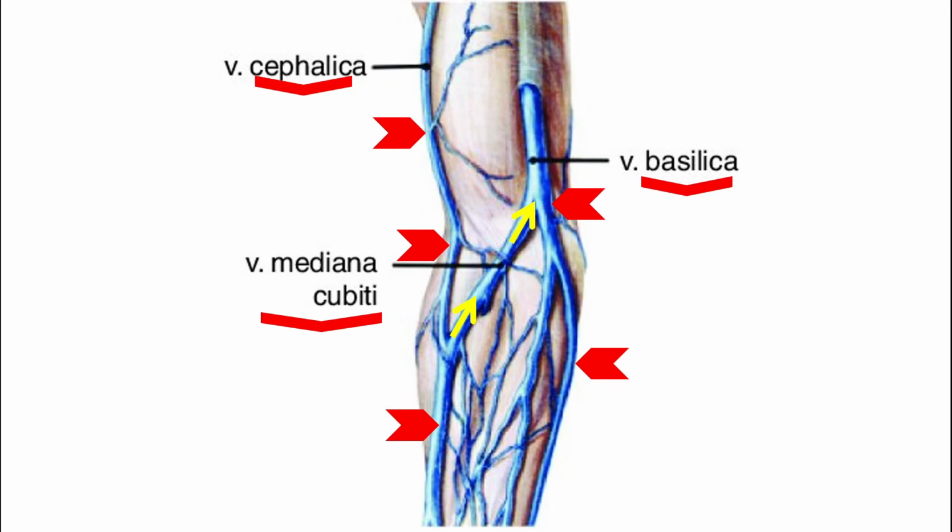It is called the anterior median cubital vein. It is in front of the cubital fossa and it is anterior.